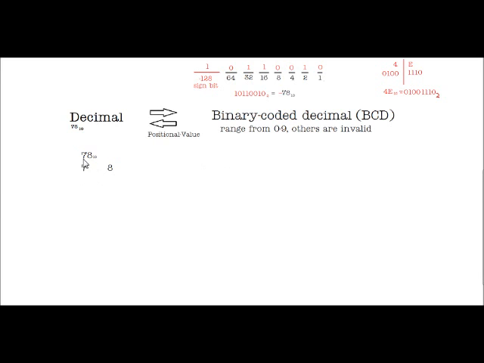Instead, we split the digits up into 7 and 8.